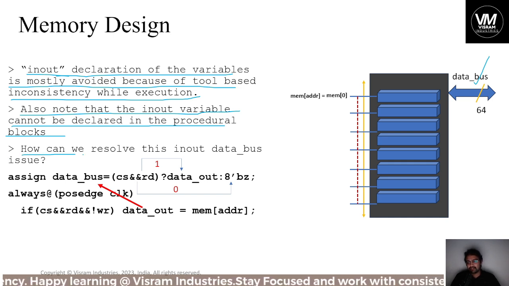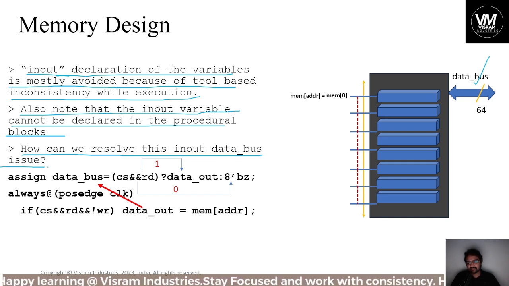How can we resolve this inout data bus issue? Inout is nothing but a bidirectional. So how can we resolve it?